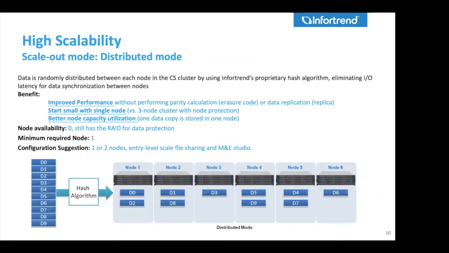But the disadvantage is that you don't get any protection against a node failure. So if you have, for example in this instance, 6 nodes, and one of those nodes were to fail, until you bring that node back online, the data is not present in the cluster. The advantage is that a small facility can start with 1 node and grow up from there.